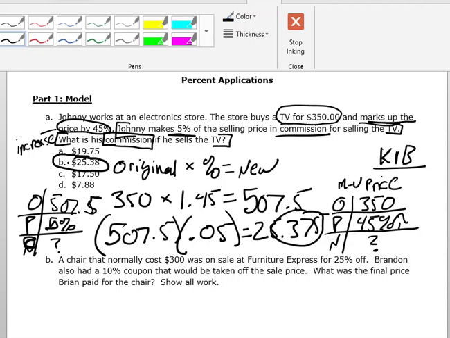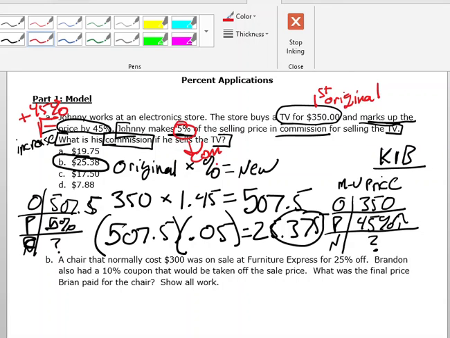I'm going to talk through that one more time. I'll highlight some of the things that I did. First I saw here that this was my first original. Then I realized I have this increase plus 45%. Then I find out that Johnny makes 5% commission on the sale price.